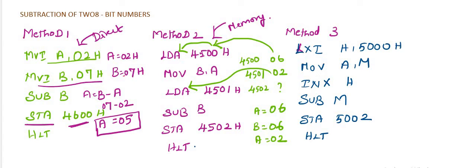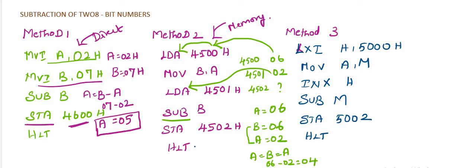So we already have the values in the B register and the A register. Next we have to find the difference of these two values, so we use the subtraction instruction SUB B. So A is equal to B minus A, that is 06 minus 02, and we get 04.